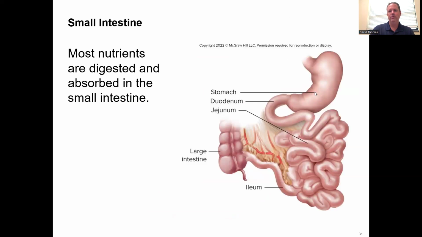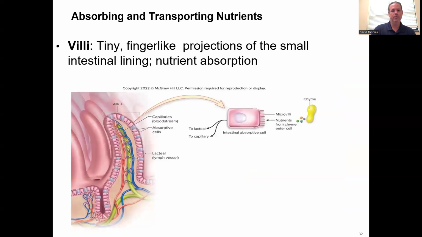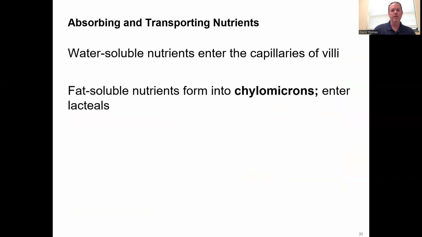Here's the stomach now. Once food passes through the stomach, the next location would be the small intestines. Now, you're going to have absorption taking place here, but you also have more digestion taking place in the small intestines as well. And that's because you've got enzymes.